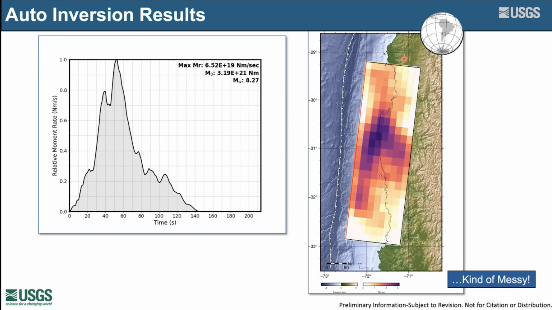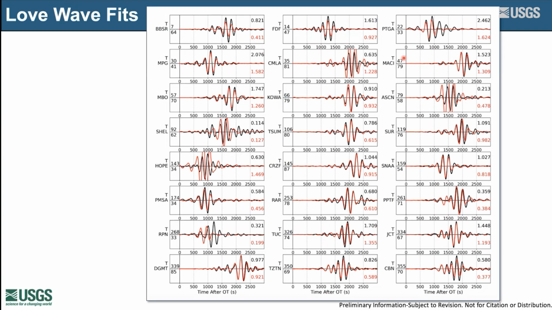So I'll just show you some of the plot of the Love wave fits. So we're going to start with that, like option 2, that there's some weird data in here. So in the Love wave fits, the observations are in black, the synthetics are in red, and these are pretty decent fits. Nothing is sticking out as horrible.